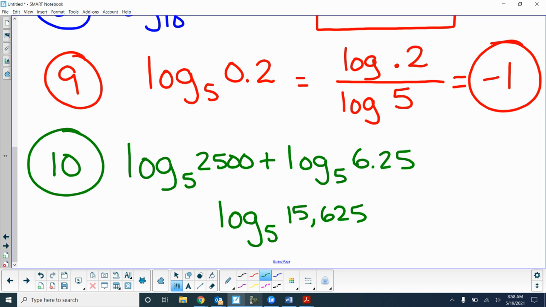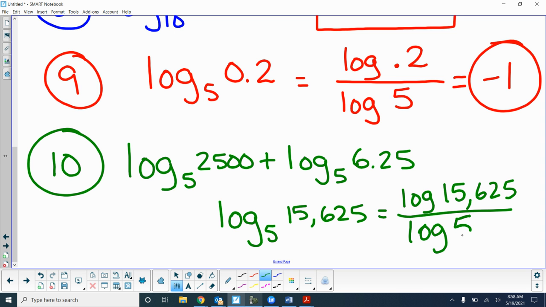It says simplify if possible. What we just did a problem in 9, just like this, right? So to simplify it, use that change of base formula. Put in your calculator log of the number 15,625 divided by log of the base in the basement. Okay, Reynolds?